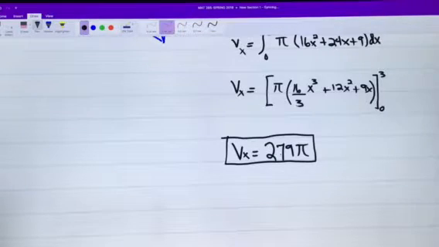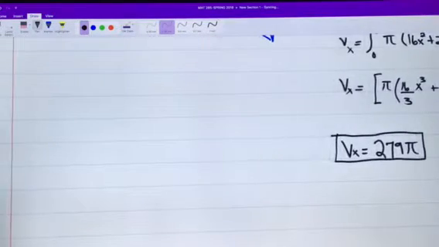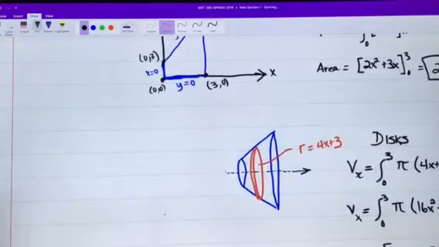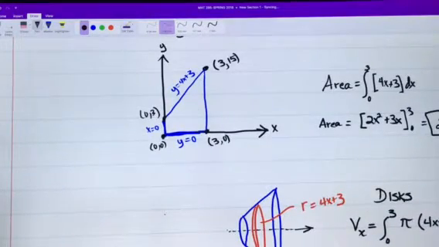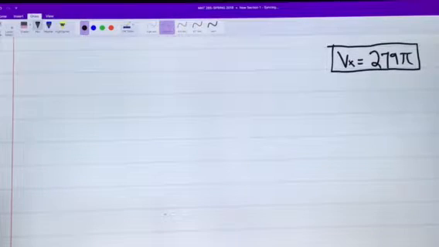All right, now in the case of generating the solid about the y-axis, we're back to our quadrilateral figure.